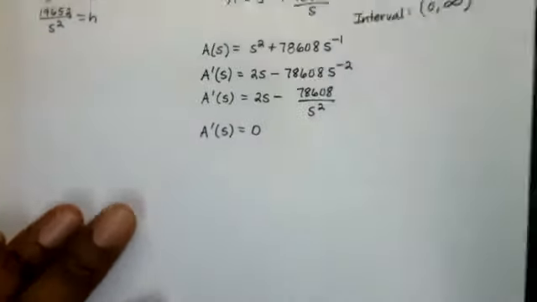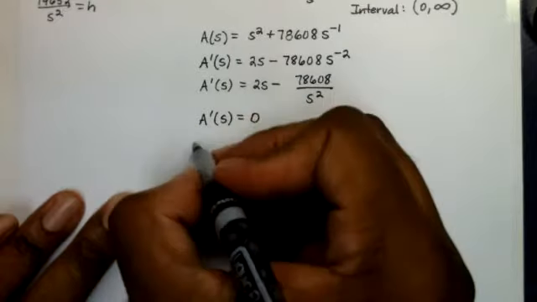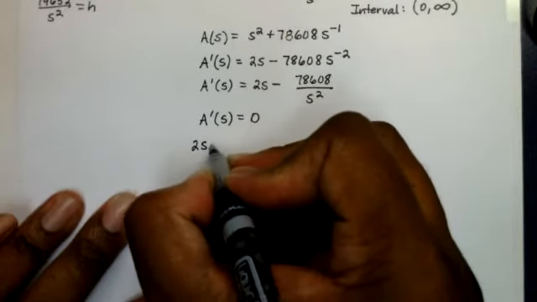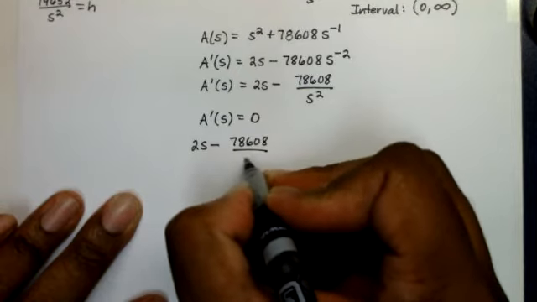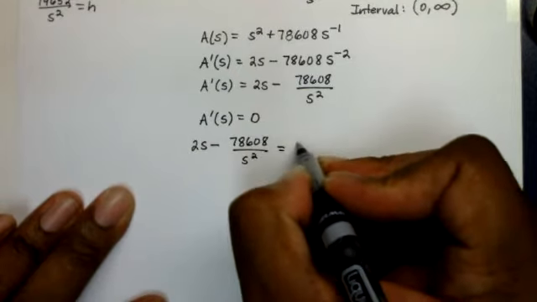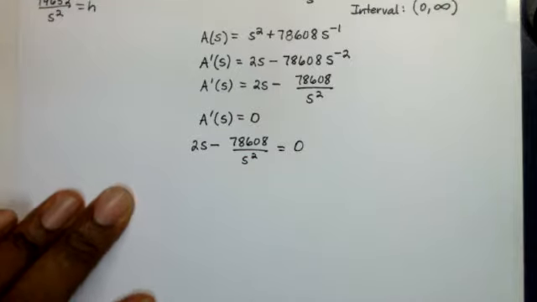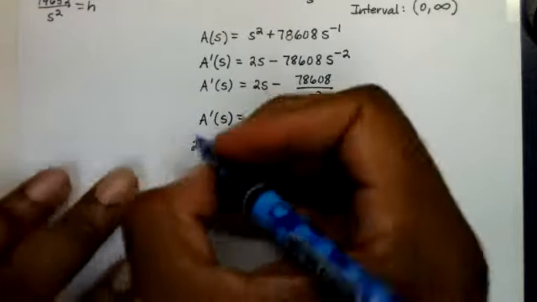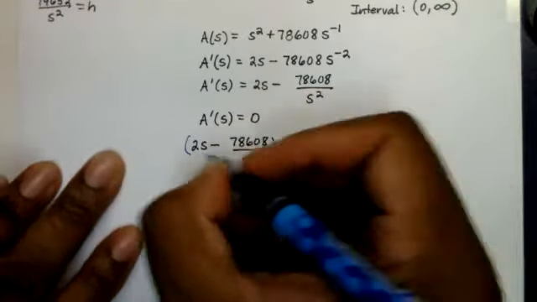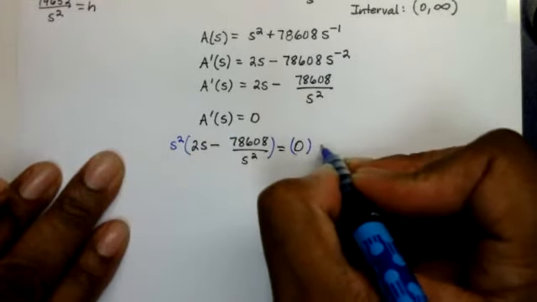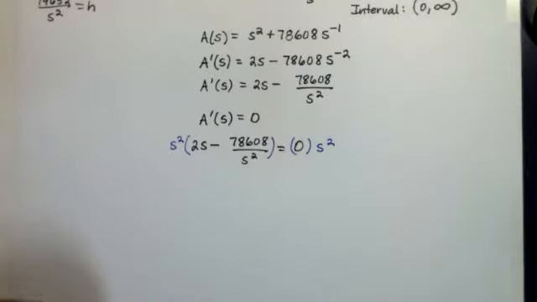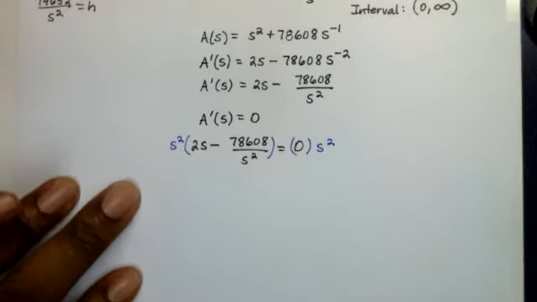That would mean 2S minus 78,608 over S squared is equal to 0. Then I'm going to multiply both sides by S squared to get rid of that S squared out of the denominator, as long as S is not equal to 0.